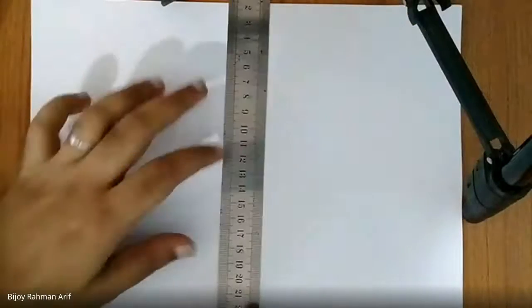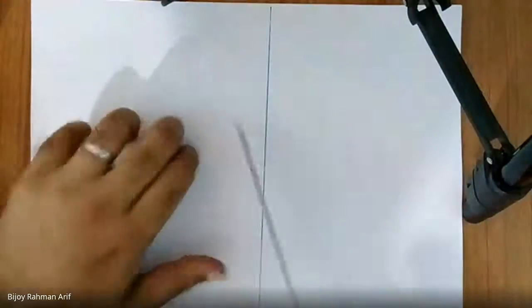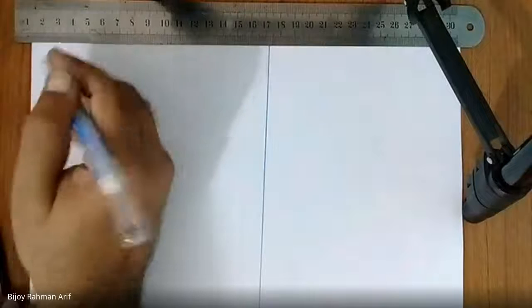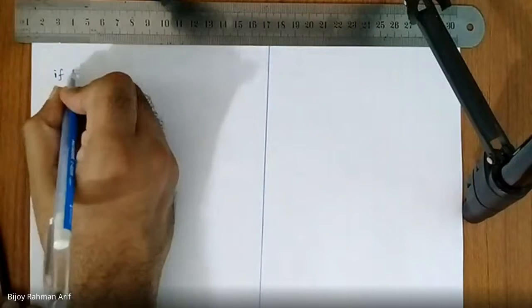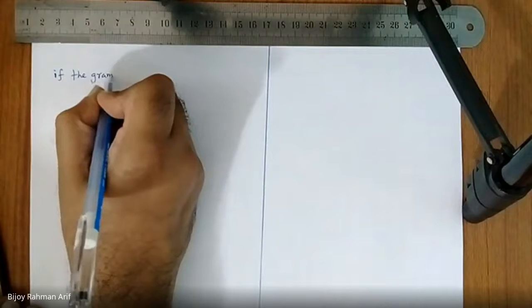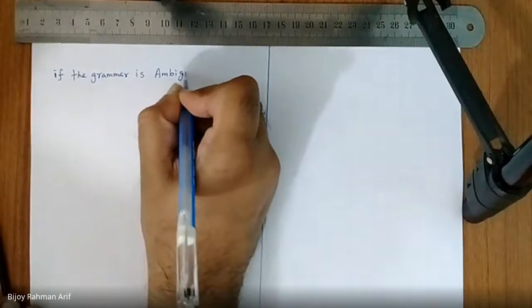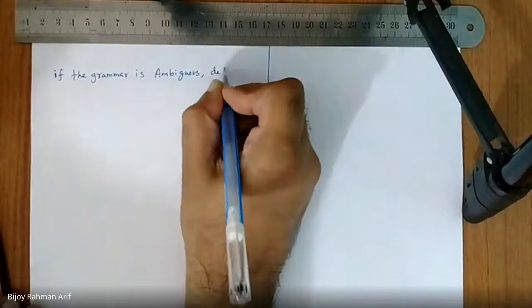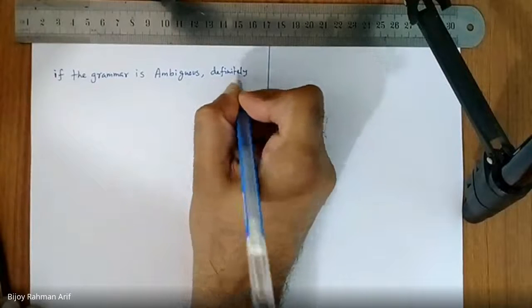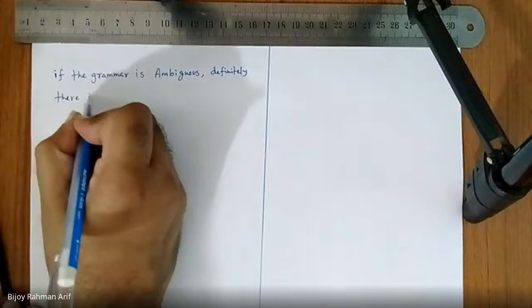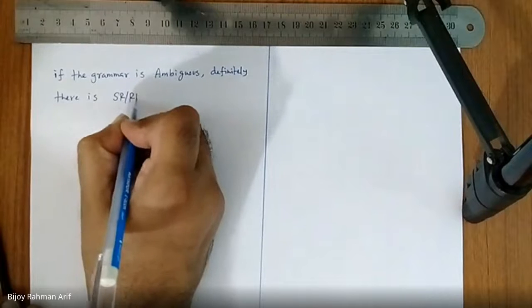First thing is very simple: if the grammar is ambiguous, definitely there is an SR or RR conflict.